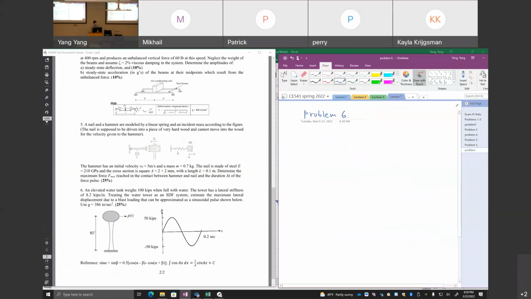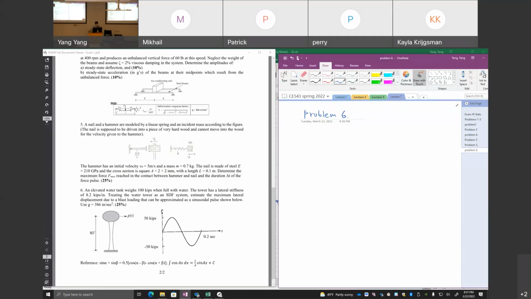Actually, for the last problem, the week before the exam, we discussed the response of the system under an arbitrary force. This is an arbitrary force because it is not harmonic excitation. When we talk about harmonic excitation, the duration of the excitation should be forever, infinite.